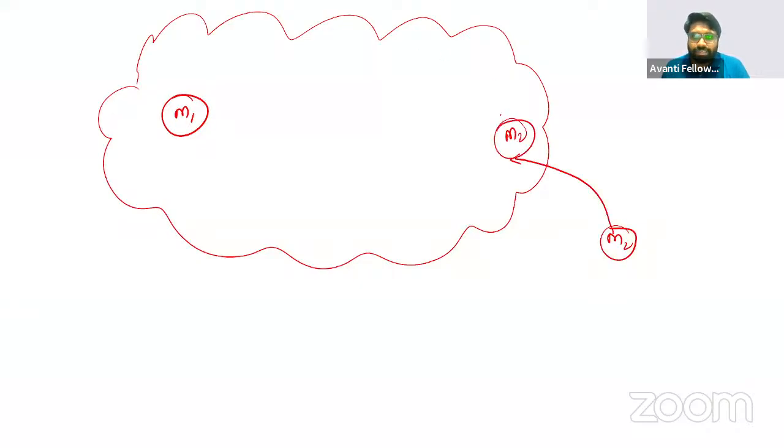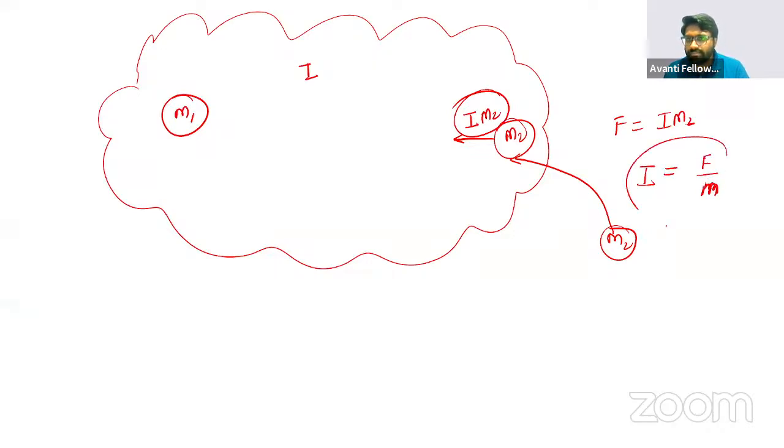Now this field will apply a force on M2. Suppose the gravitational field intensity here is I. So this I will apply a force on M2 according to I times M2. The magnitude of that force is nothing but I into M2. In a similar way, we can say that gravitational field intensity is nothing but force per unit mass.